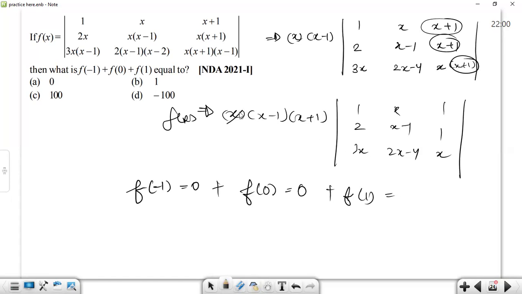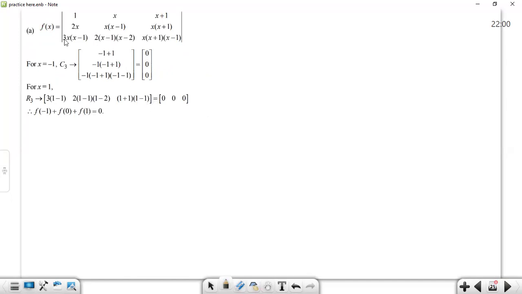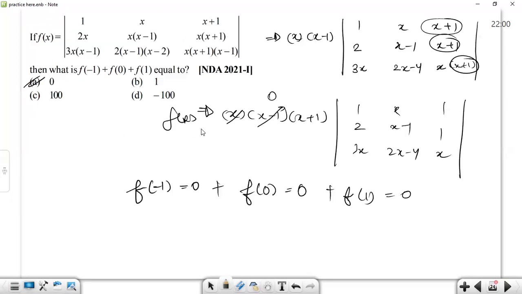F of 1 is 0 because 1 minus 1 is also 0. So 0 plus 0 plus 0 will make it 0 only. So that's why option A is our correct answer.